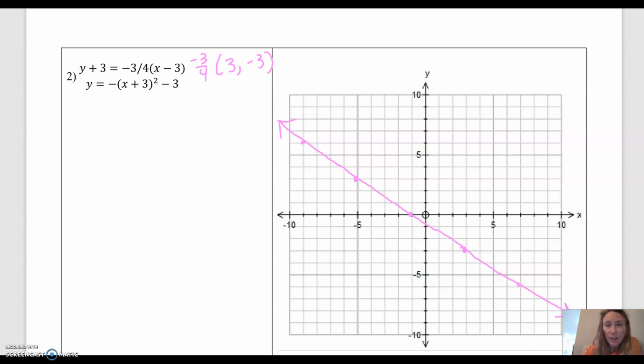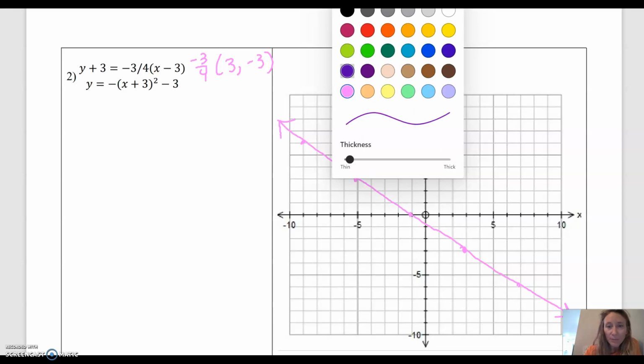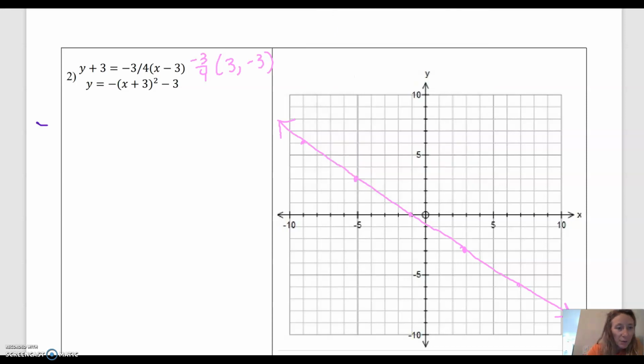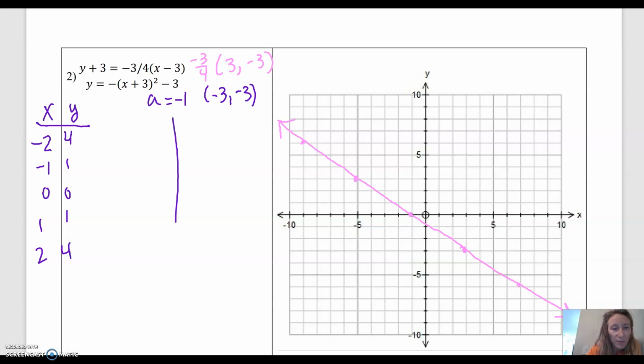Cool. Now let me graph my parabola. So again, I want to remind myself of the parent function, -2, -1, 0, 1, and 2. My y values are 4, 1, 0, 1, 4. And here I can see I have the h, k of -3, -3, and the a value is equal to -1. So I do x minus 3 and then -y minus 3.